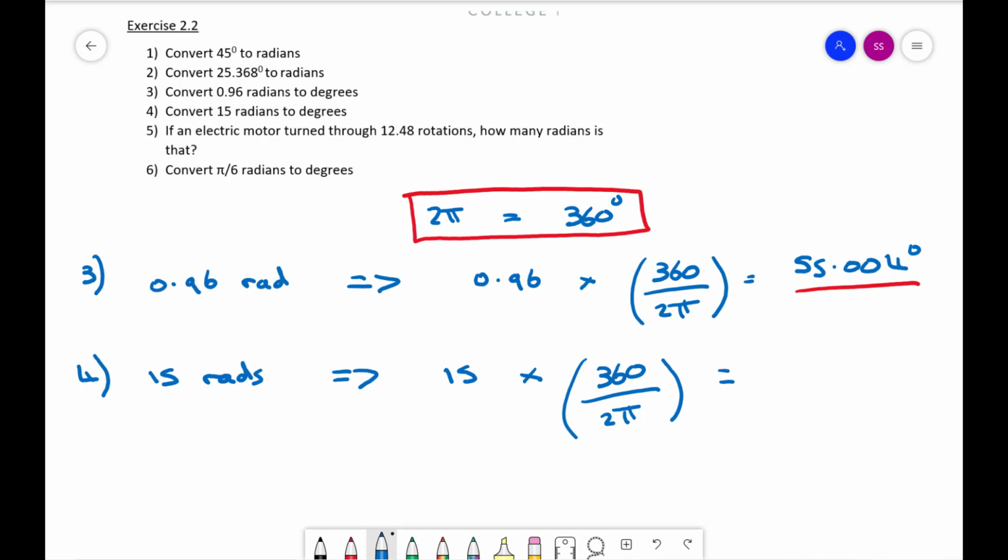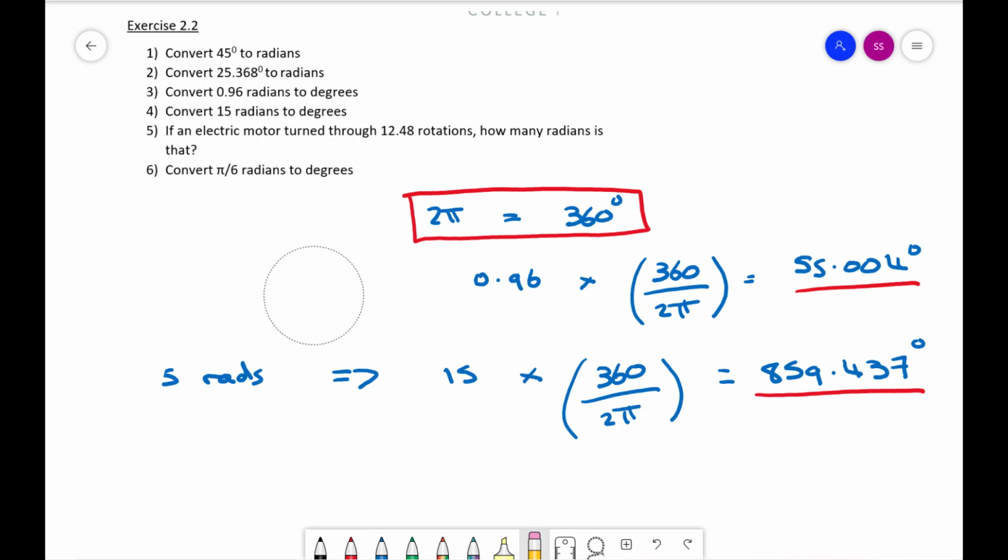And now times that by 15 equals. And I get 859.437, and this is going to be degrees. So there is my conversion for number 4, using the 360 over 2 pi to go from radians to degrees. Okay, let's check out the next 2, which are slightly different.